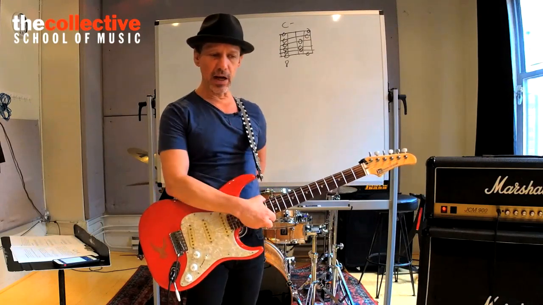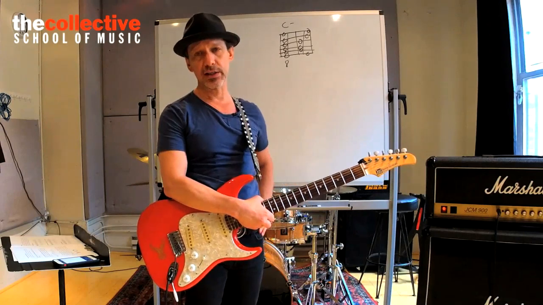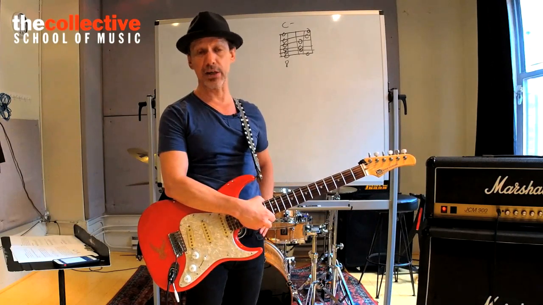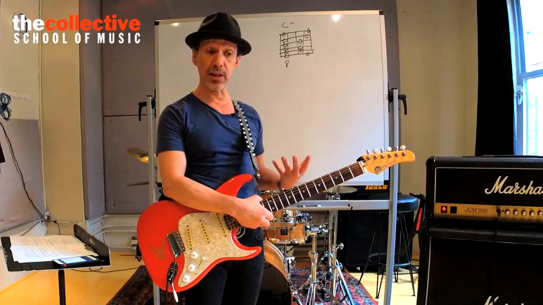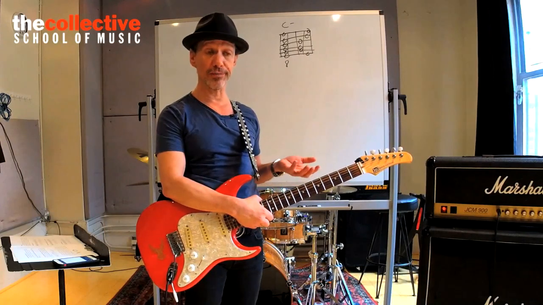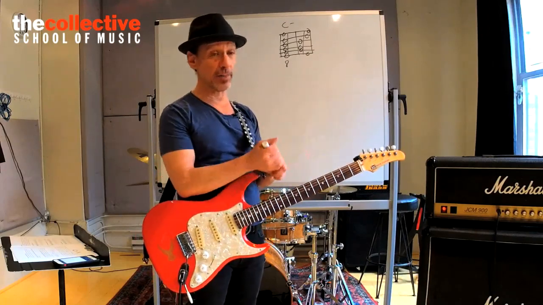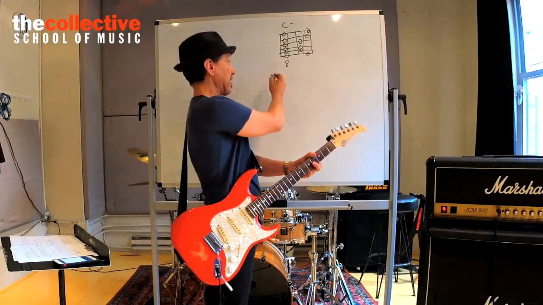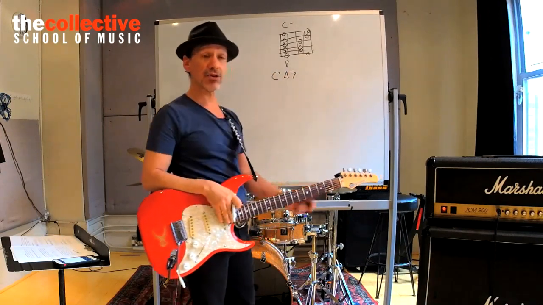Anyways, we're going to take three different kinds of chords that we can use the minor pentatonic scale over. First, we're going to start with using the minor pentatonic scale over major family chords. When I say major, I'm not talking about dominant. I'm talking about major, as in C major 7 or C major 9.